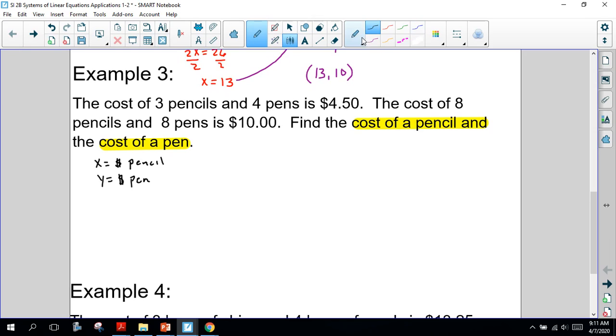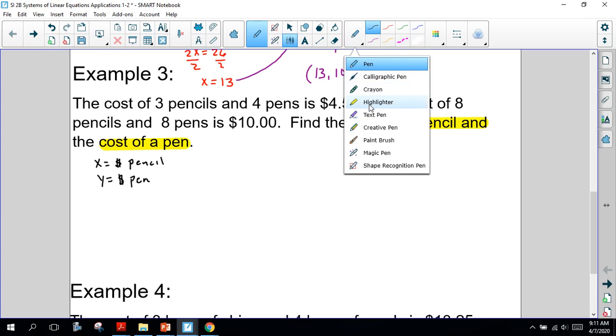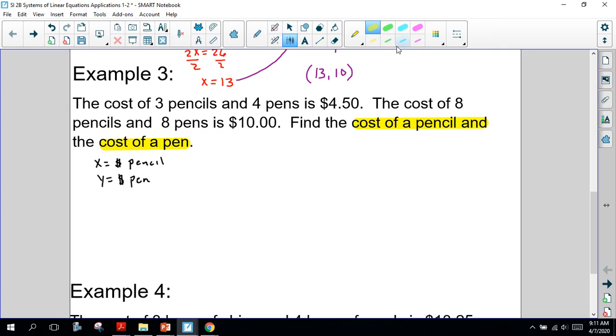As I read through this, the word "is" appears a couple of times. The first sentence says the cost of 3 pencils and 4 pens is $4.50. The cost of 8 pencils and 8 pens is $10.